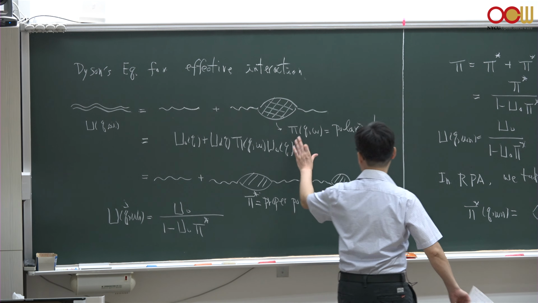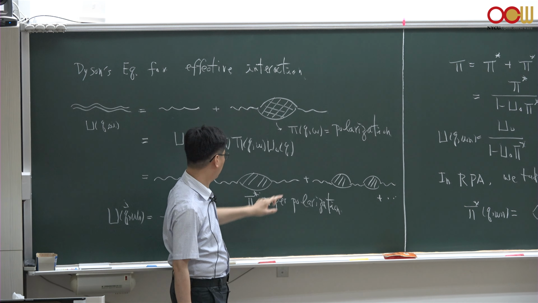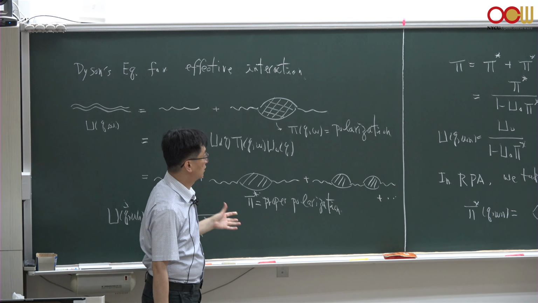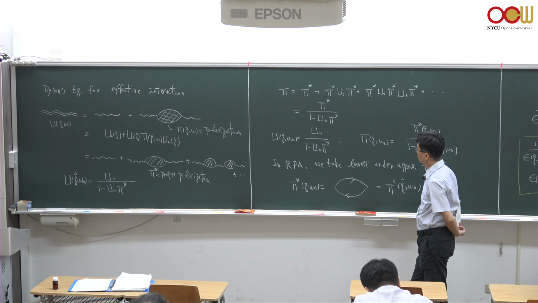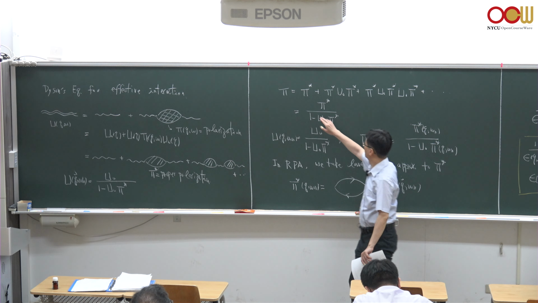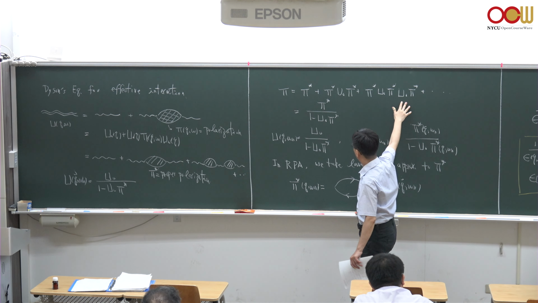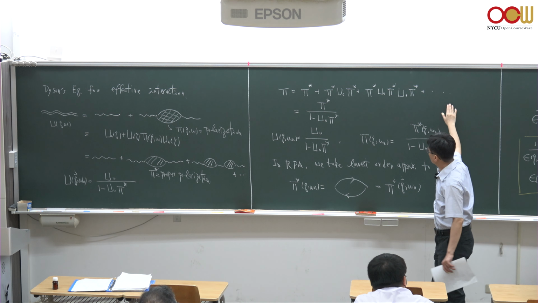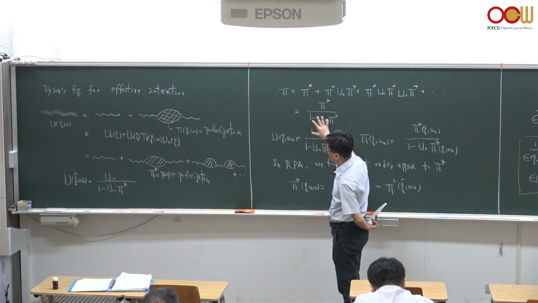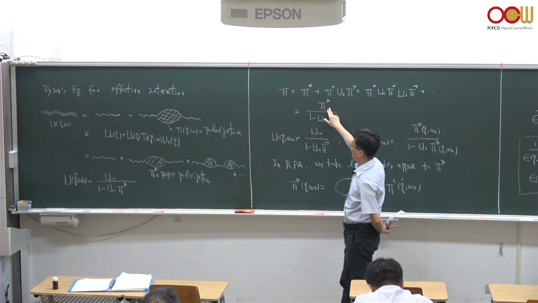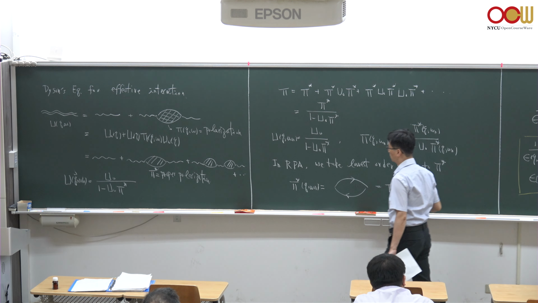But you could also rewrite this relation between pi and pi star. Pi is the full polarization bubble, which is made of a single bubble plus a two-bubble term and so on and so forth. When you sum over all such single-bubble connected diagrams, you get this pi. So pi is related to pi star by this formula, and you get two equivalent expressions.